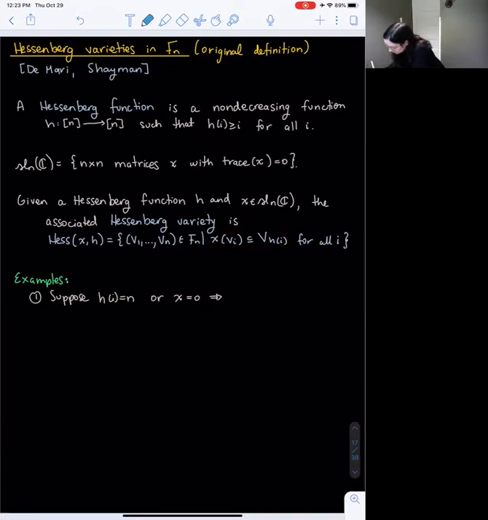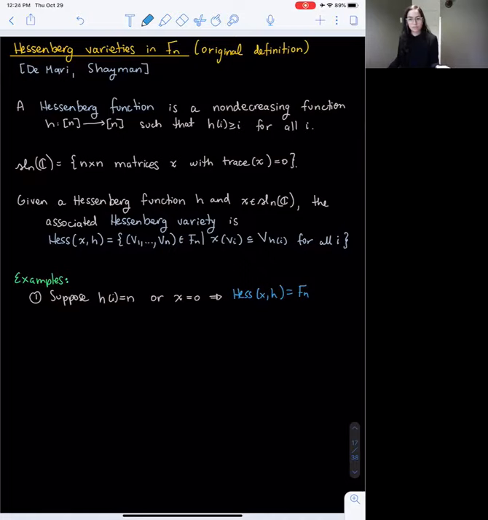So in those cases, your Hessenberg variety is equal to the flag variety.